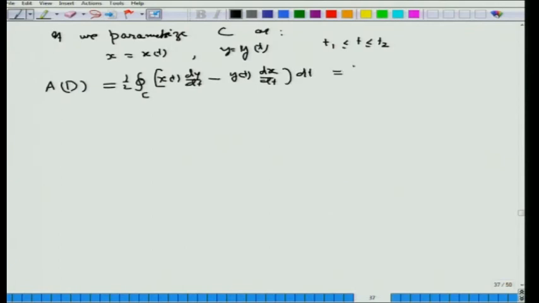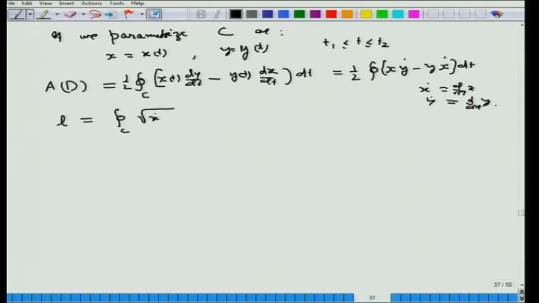In short, we will write it as half of (x y dot minus y x dot) dt. Here x dot is d/dt of x and y dot is d/dt of y, and L is then the integral over C of the square root of x dot square plus y dot square dt.